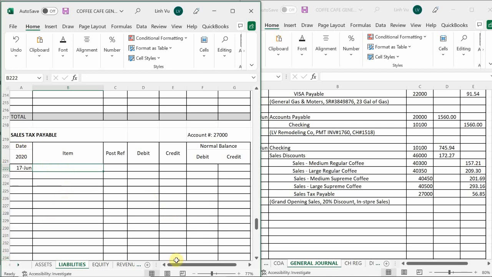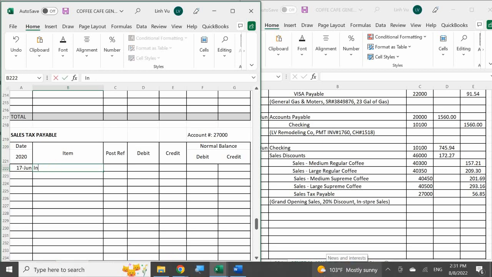So if you're officially doing something in an official location, you have to charge sales tax. Okay. So in-store sales. Yeah, in-store sales. That one is 56.85.